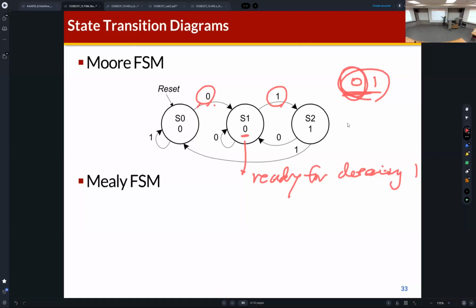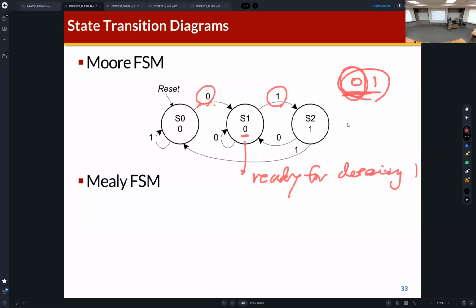Okay, so this S1 represents the ready for detecting 1, then S2 means that it becomes 1. Then we can define the state transition between the different states.